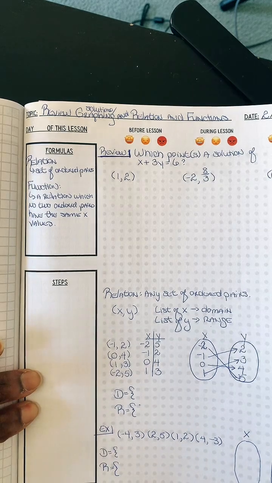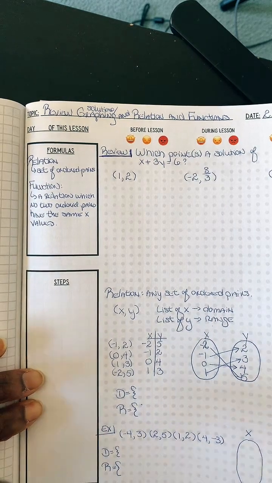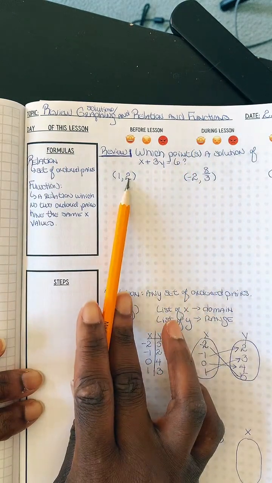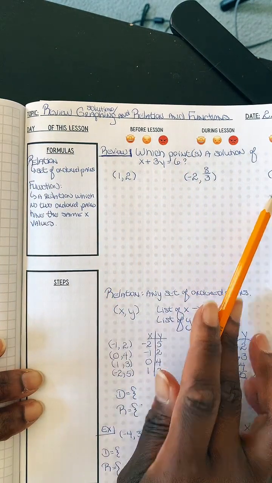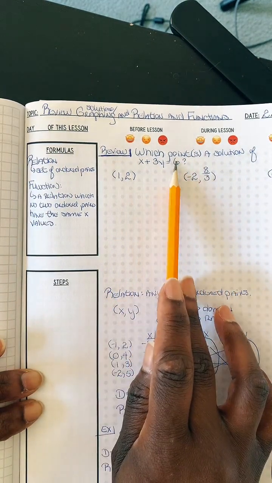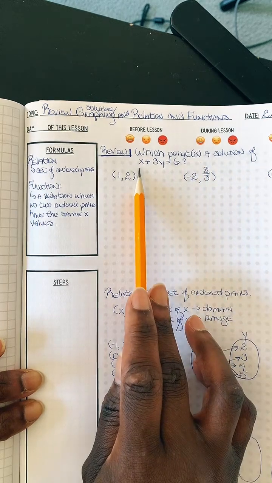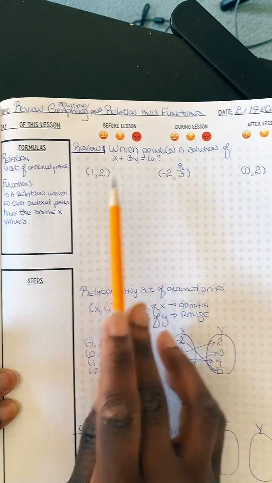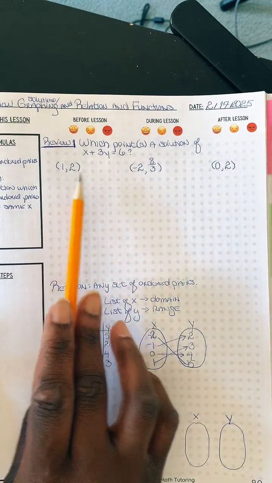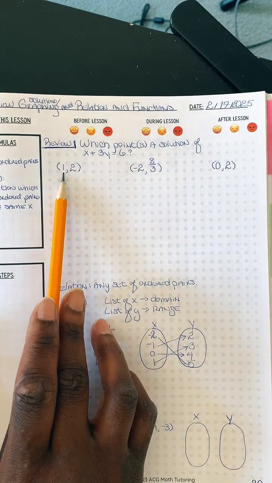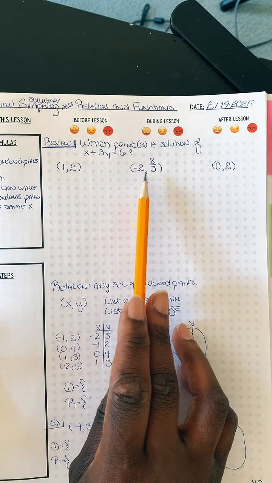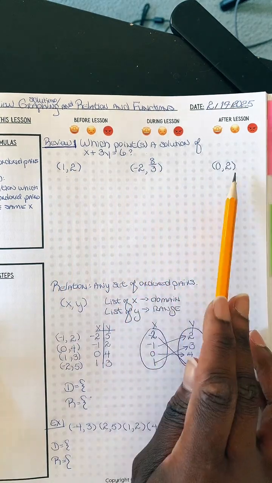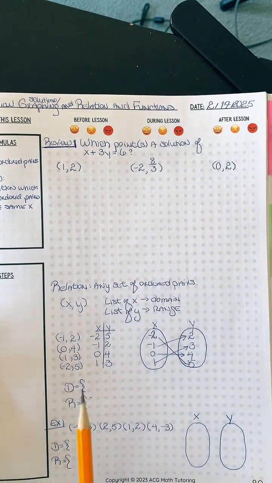All right, so we're going to do a quick review of what we were doing last time. We want to figure out which point is the solution of our equation x plus 3y is equal to 6. And we have three sets of points: (1, 2), (-2, 8/3), and (0, 2).